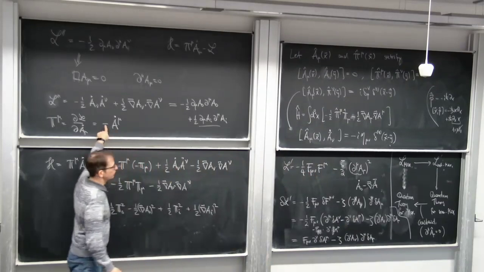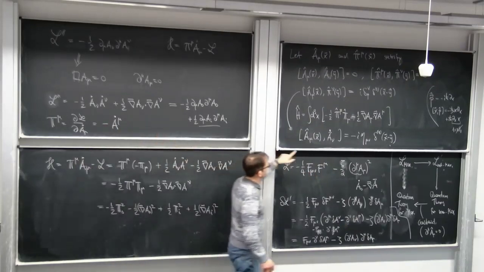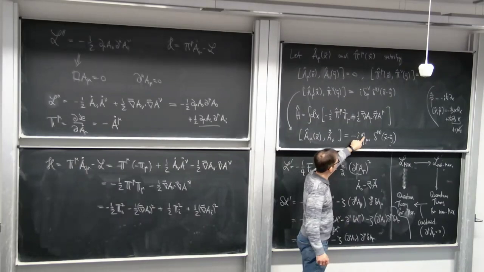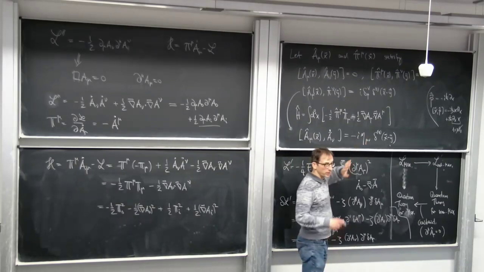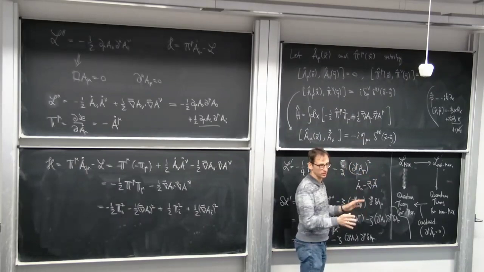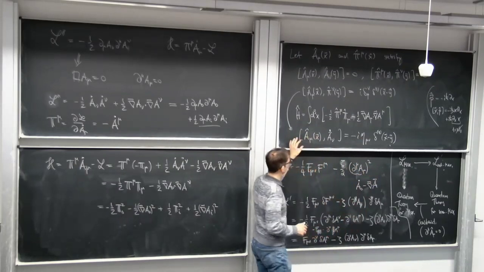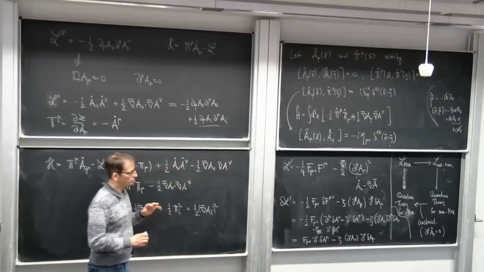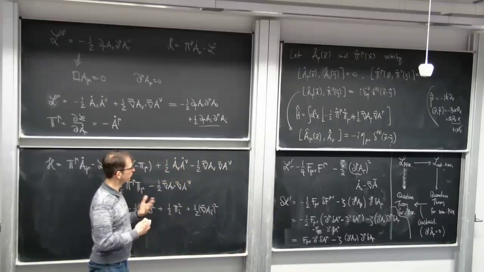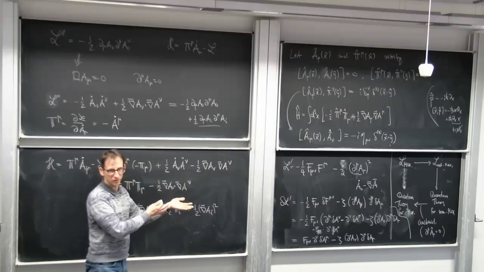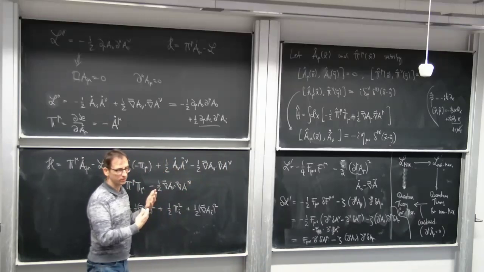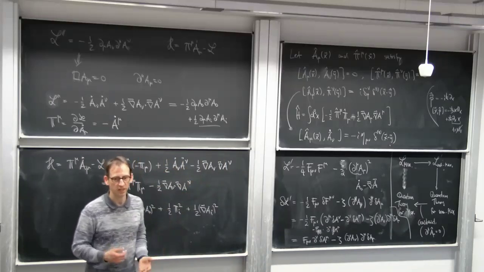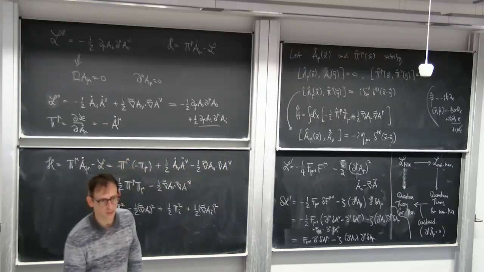There's one sign for all of them from here, and there's another sign from here for the spatial ones. So the spatial ones are the good ones. The temporal one is the bad one. The time derivative is bad. So when we go to the oscillators, we'll find commutation relations. 3 of them are good for the spatial components, and then the time component is an oscillator that somehow has a minus sign. And we have to figure out what this minus sign means.